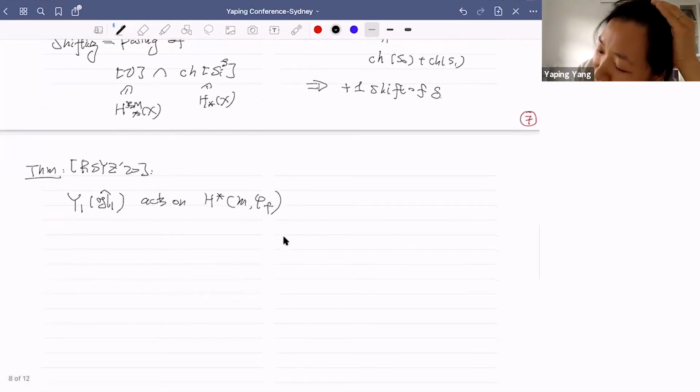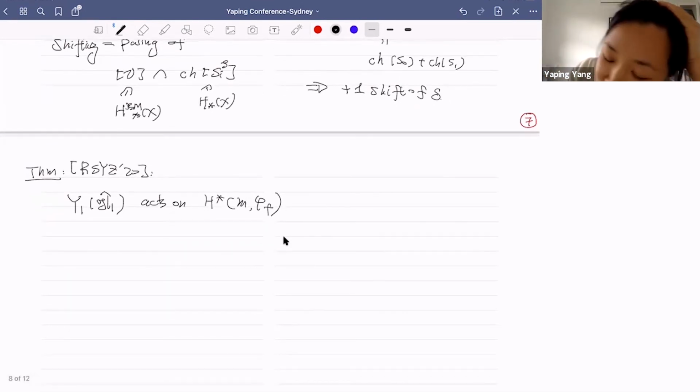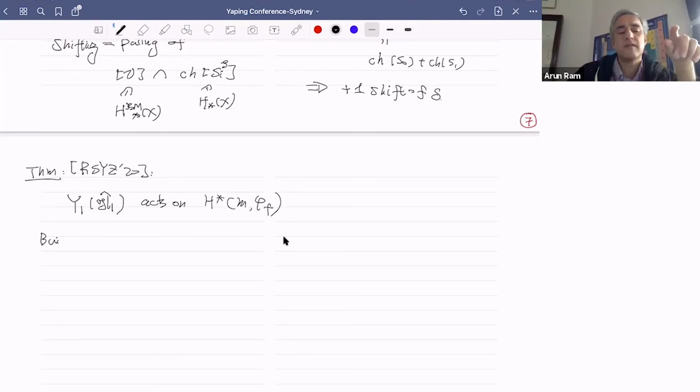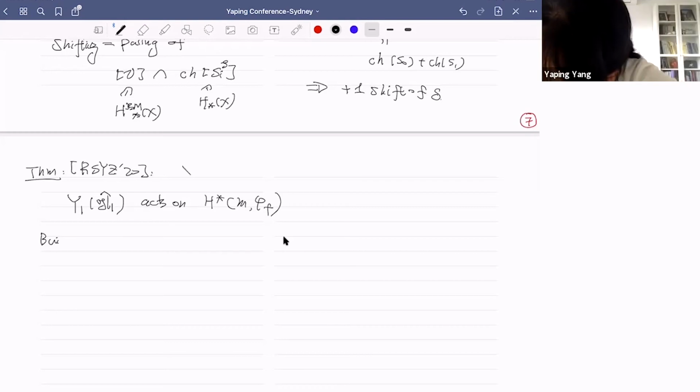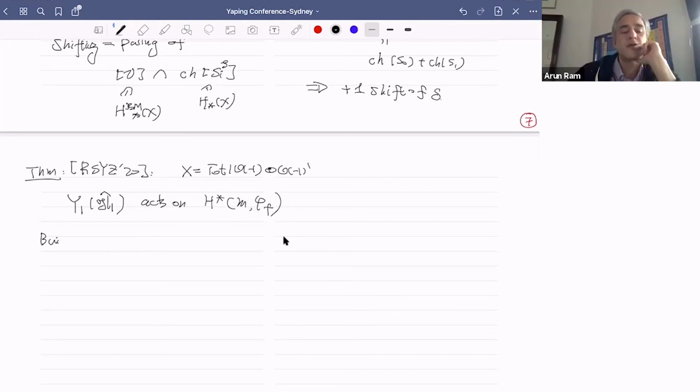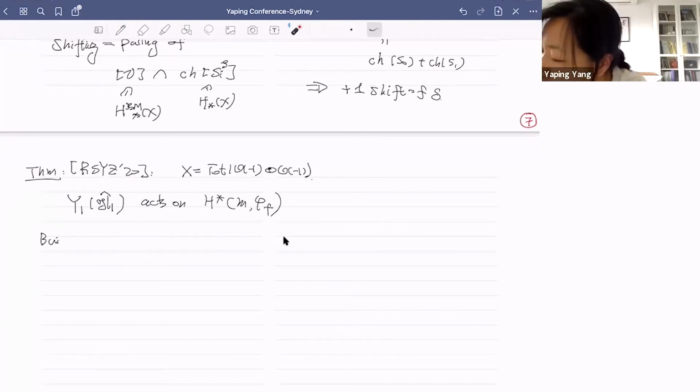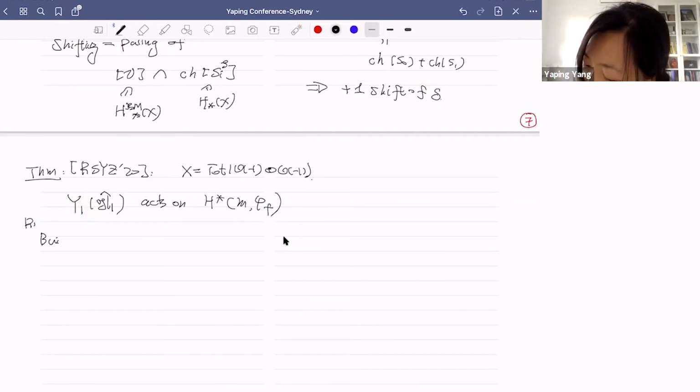And I should say, which example is this now? Oh, this example is for X equal to the total space of O(-1) plus O(-1). All right, great, thank you. For the example, right, so we checked the correct shifting Yangian here. Okay. Right. So I remark, there are some building blocks for X.